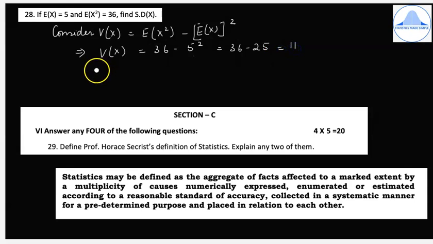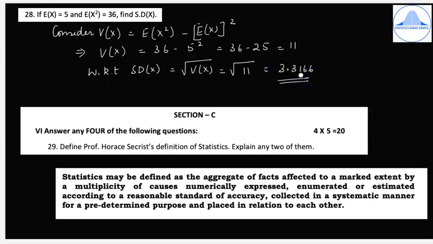So they've asked us to find out standard deviation of x. So we know that standard deviation of x is nothing but the root of the variance. So it is root variance of x, which is root of 11, which is equal to 3.3166.